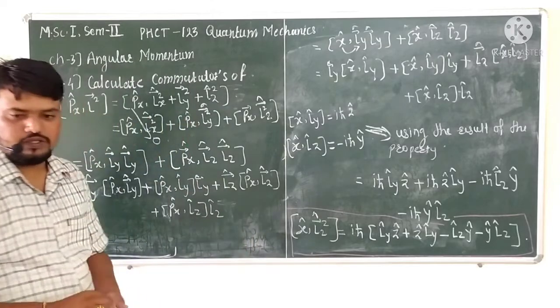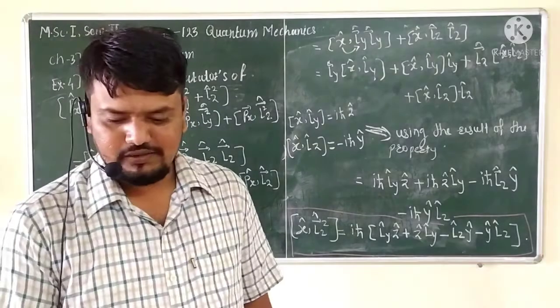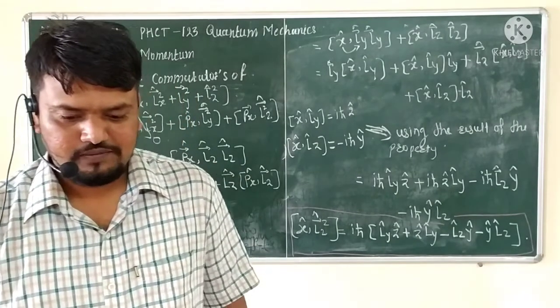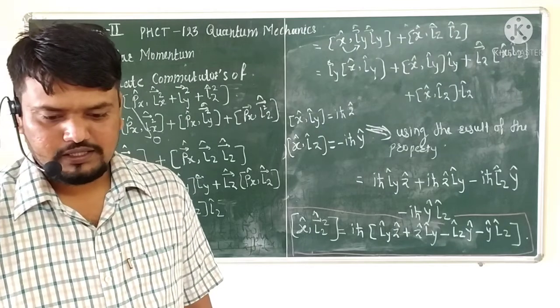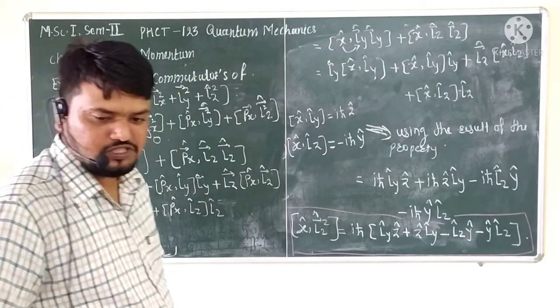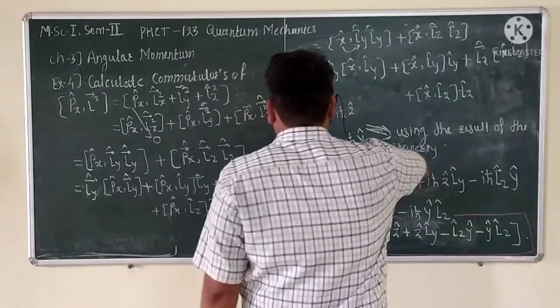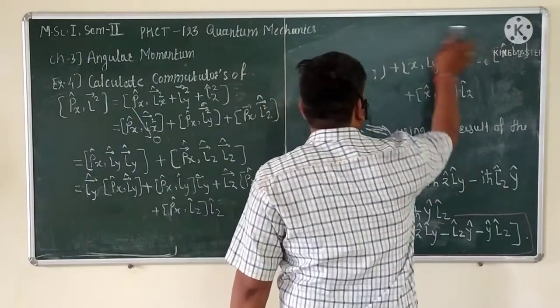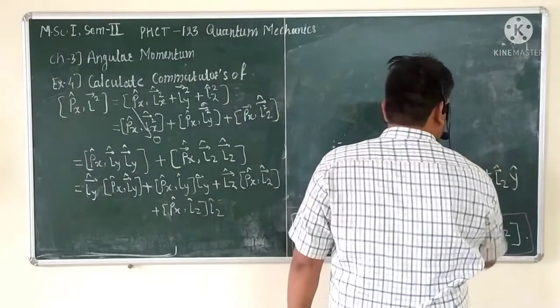Okay, and we have to know the identity which is taken here, so this [Px, Ly] is nothing but the Pz. So using these two results, we have to solve to get this identity.